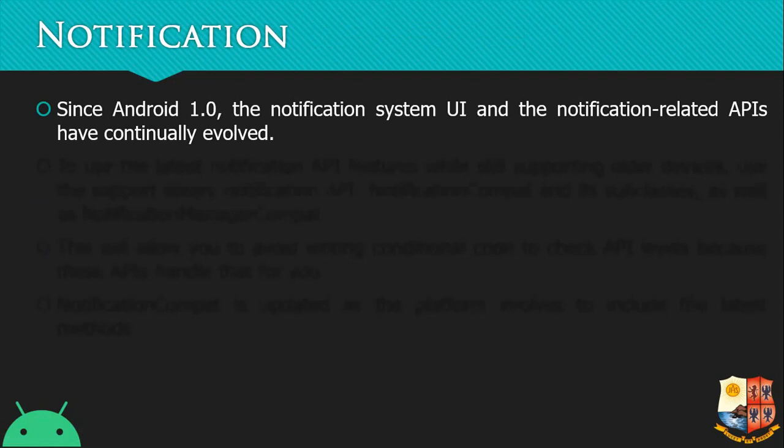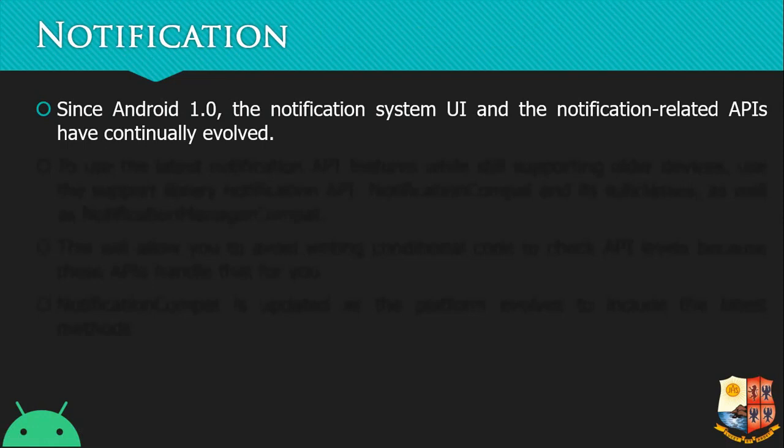This is the important thing, guys. Right from Android 1.0, the first Android which was released, the notification part and the notification related APIs have continually evolved. What do I mean by evolved? It keeps changing. It has been changing right from the first Android OS till today.